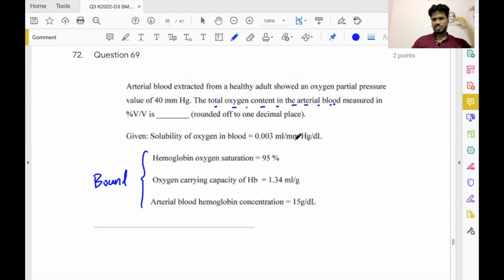If you apply a pressure, oxygen will dissolve in the fluid, not bound to the hemoglobin. Per mmHg there is a solubility of 0.003 ml. So at 40 mmHg, this times 40 should give the ml per dl. So this is dissolved. Total will be bound plus dissolved.